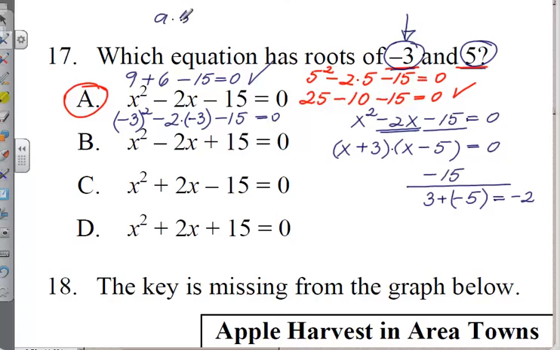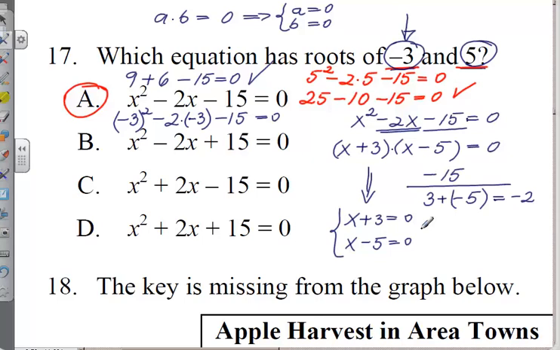And by the zero product property, which says that if two numbers a and b multiply to give you 0, this implies that either a equals 0 or b equals 0, or obviously you can have both equal 0. I can go back here and say, well, if x plus 3 times x minus 5 equals 0, then I either have x plus 3 equals 0 or x minus 5 equals 0, right? And this will give you the two solutions, the two roots.